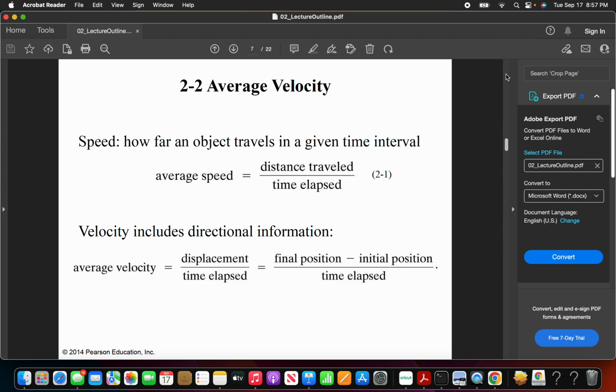Right now, we haven't talked about any forces yet, right? But we are introducing gravity. Maybe not so much right now, but we're leading up to gravity.